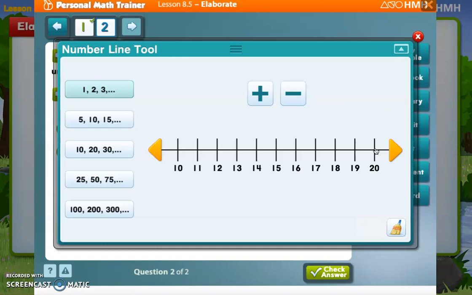So we are going to start on 20 because that's how long it was in the beginning, right? And then 13 inches are now gone. So we're going to count going this way because we're subtracting. We're going to count to 13 going this way on the number line.